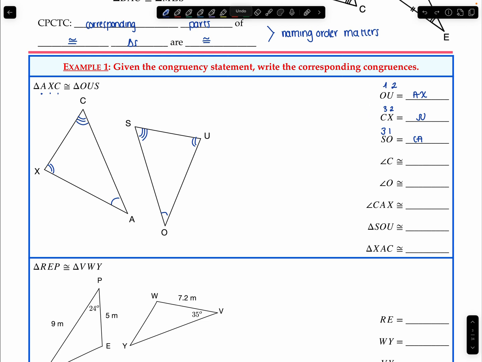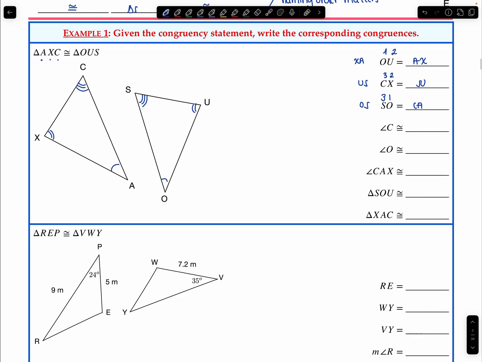You can actually call this one XA, you can call this one US, and this one OS, simply because for segments, it doesn't matter how I name this one, forwards or backwards. So angle C here can be named and corresponds with angle S. Angle O, one wedge, corresponds with angle A.